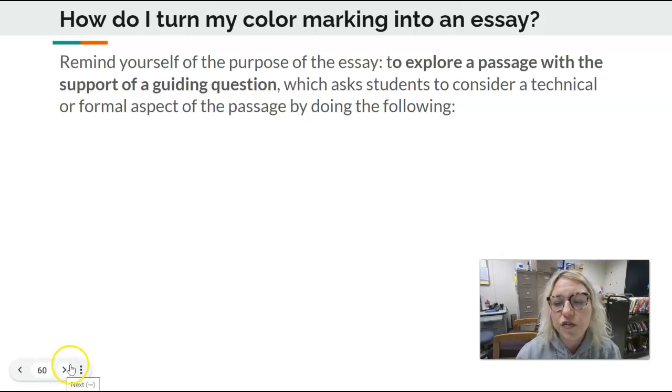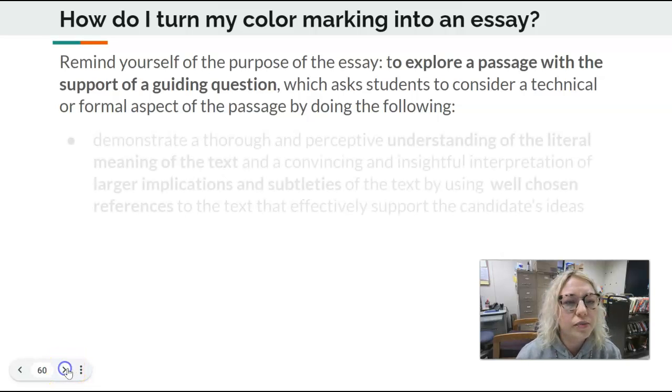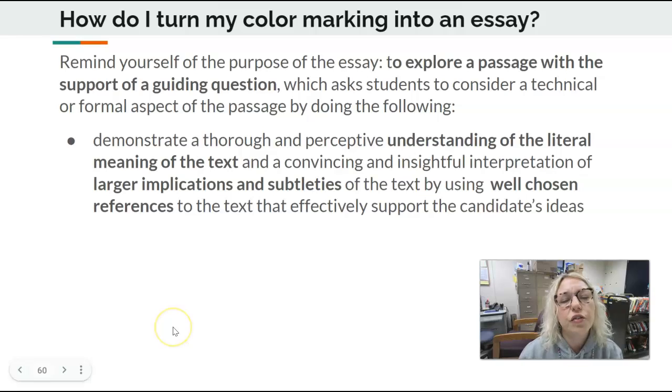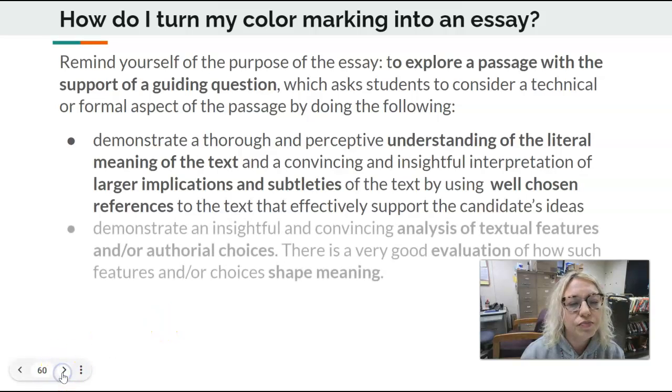And these correspond to the 4 criteria on which you're graded. A, demonstrate a thorough and perceptive understanding of the literal meaning of the text, and a convincing and insightful interpretation of larger implications and subtleties of the text, using well-chosen references.